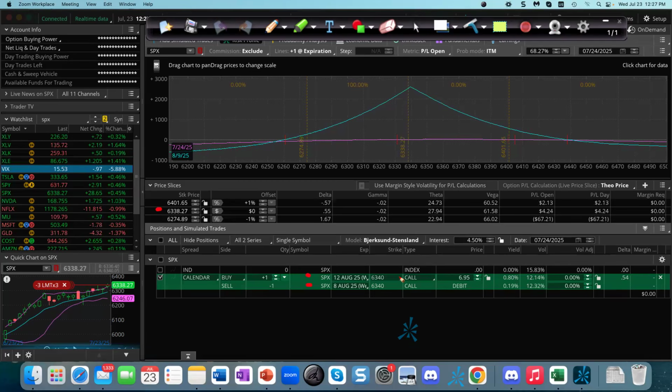But it's a very effective trade, one of the more effective trades in our community for 2025: a calendar under the market versus a calendar at the money. I'm going to talk about precisely why we do it, and the advantages versus a typical at the money calendar, and why this is more effective.